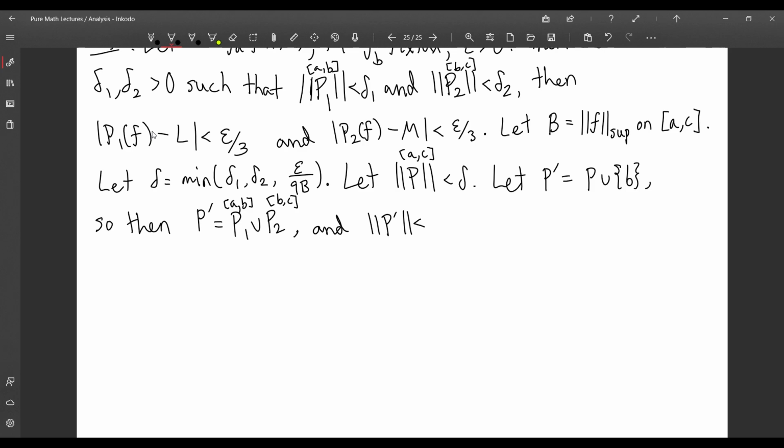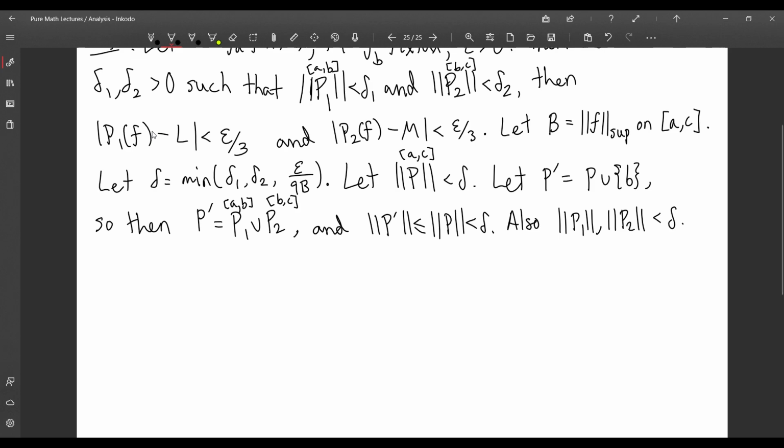So in fact, the mesh of P prime is less than or equal to the mesh of P, which is less than delta. And also the mesh of P1 and the mesh of P2 are both less than delta, because if one of their subdivisions were greater than delta, then we would have a subdivision of P prime greater than delta.